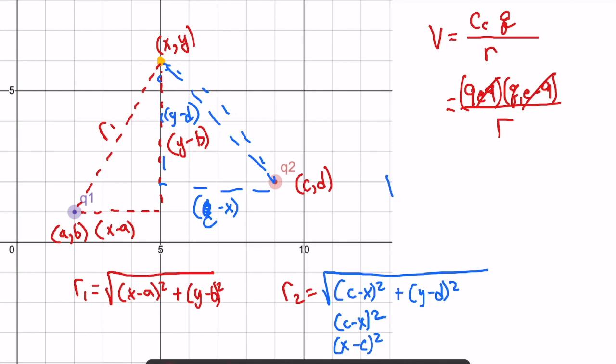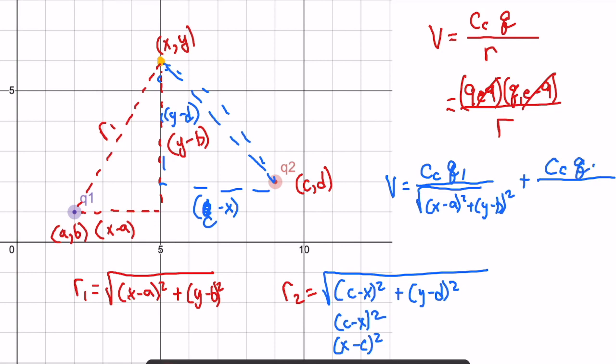So our final result is going to look like this. Our voltage will be Cc times Q1 over the square root of x minus a squared plus y minus b squared, and then for the other charge, since we're getting the net voltage, we do the same darn thing.